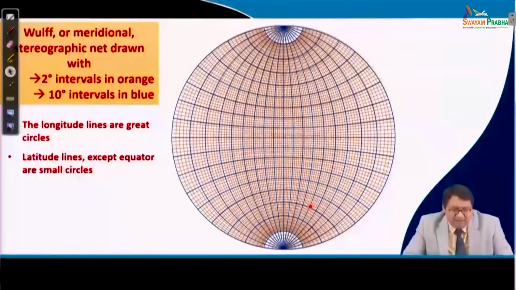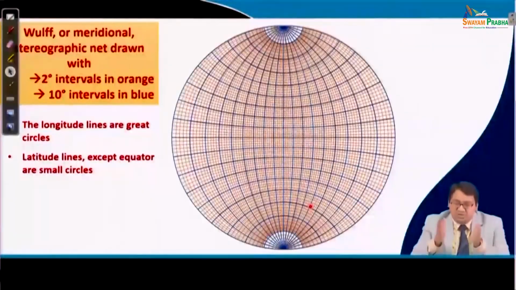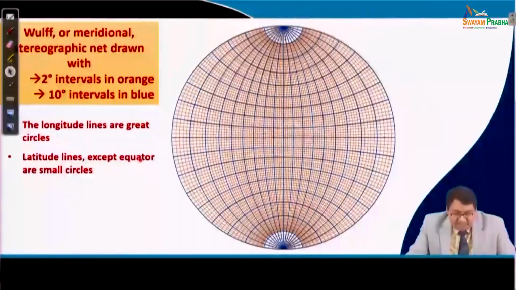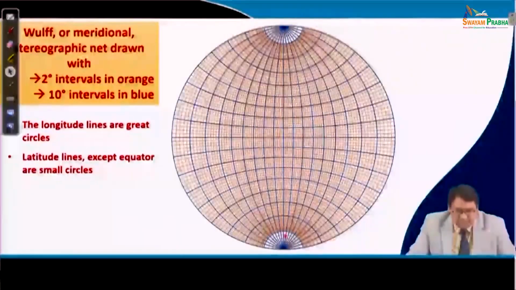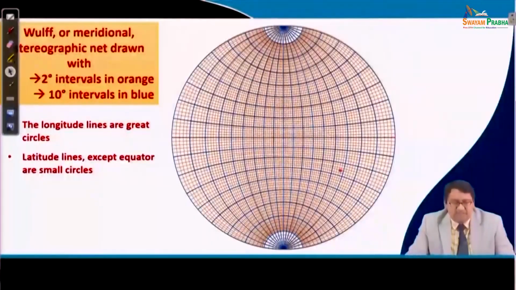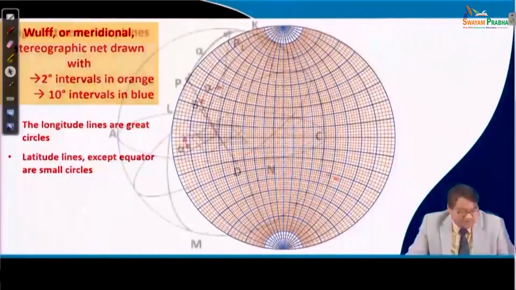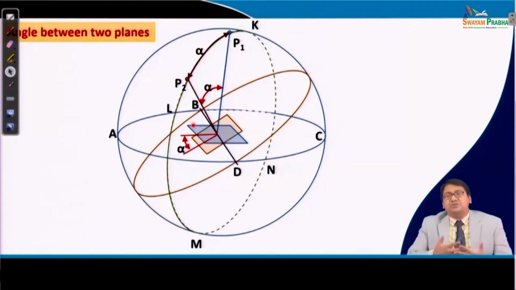So, one can map the angles between planes and directions and everything with respect to this Wulff net, and as I said earlier in the slide, the longitudinal lines are always great circles, whereas latitudinal lines except the equator are always small circles. So, you see, say for example, two planes are present in a crystal and we need to measure the angle between these two planes.